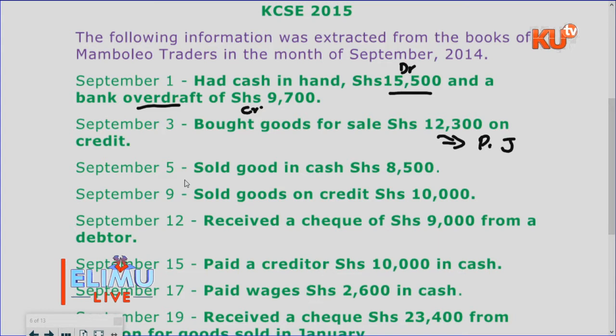On September 9, sold goods on credit 10,000. Again, this is a credit sales transaction. It is not recorded in the cash book.